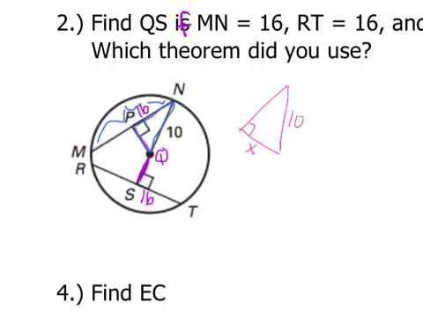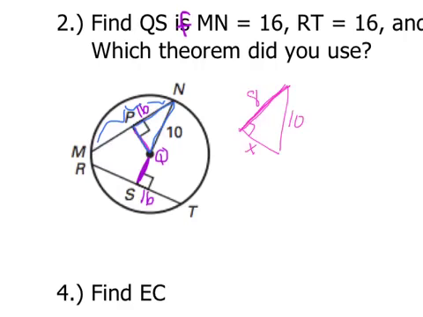We're looking for that side. What's the length of that third side? MN, ladies and gentlemen, look at this. MN is 16. So what's PN? Half of 16 is 8.